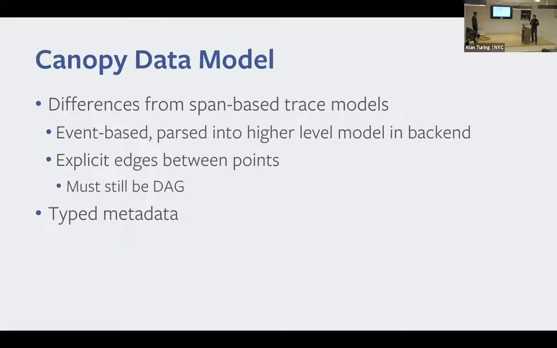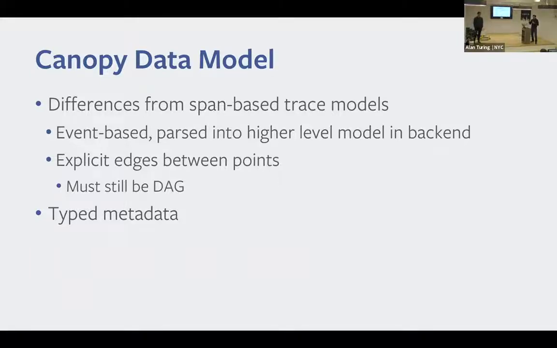The Canopy data model is actually really different from the traditional Dapper/X-Trace model, which is based on a tree of spans and really represents an RPC stack, to a first approximation. That's what you get there: an RPC call stack or something like it. The basic thing in ours is just an event, and we have a set of events that are put together in a backend to reconstruct a trace.